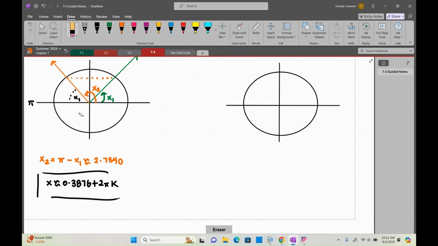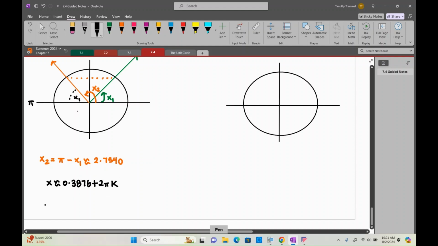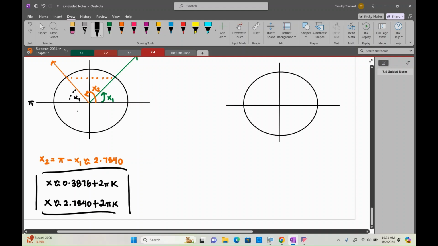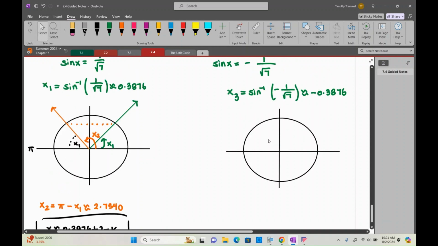We also have, maybe I won't box that yet, we also have this 2.7540 plus 2 pi k. Okay. So there's half of our solutions. We're going to get the other half here in our second sketch.